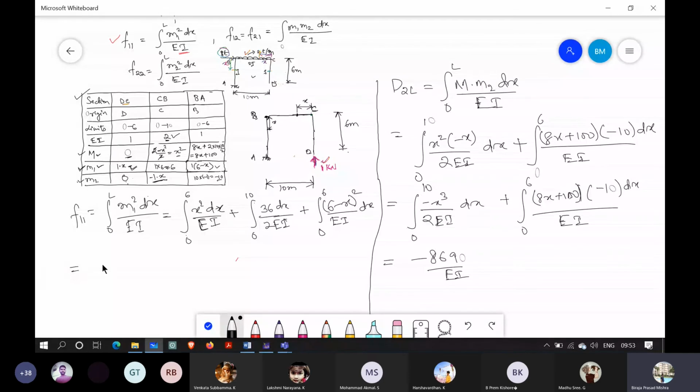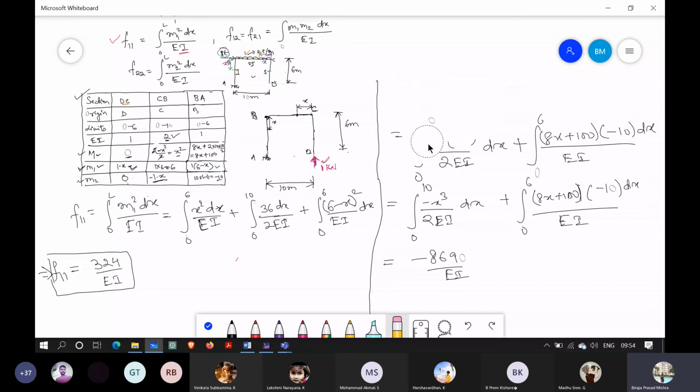If you integrate and find out, I'm writing the final answer as 324 by EI. So this implies f11 equals to 324 by EI. So the next one is f21.